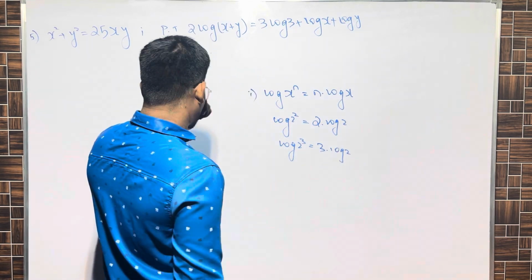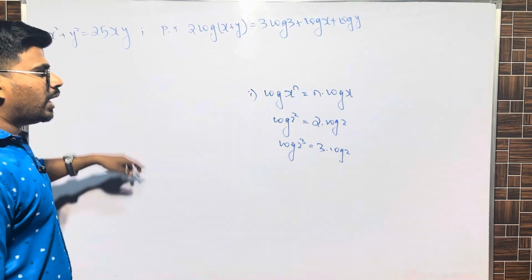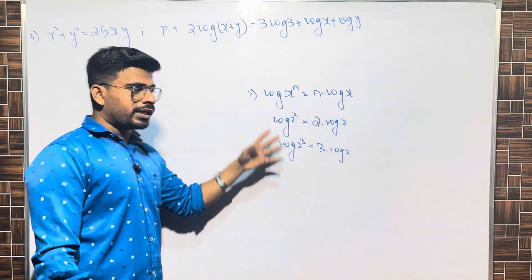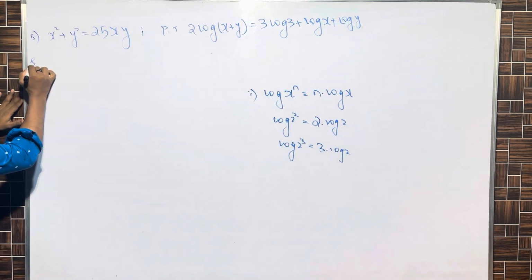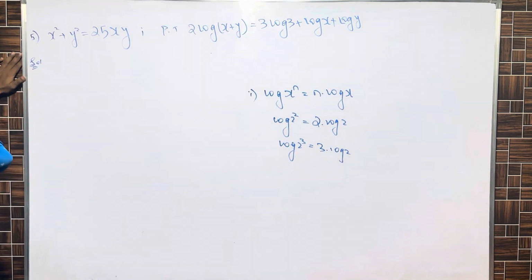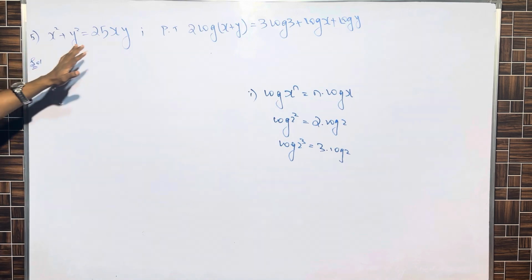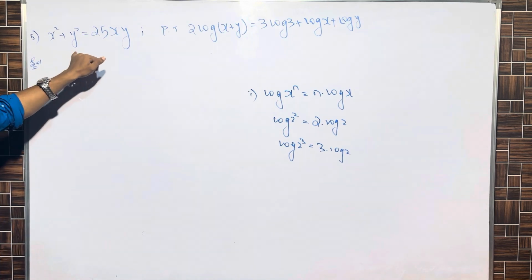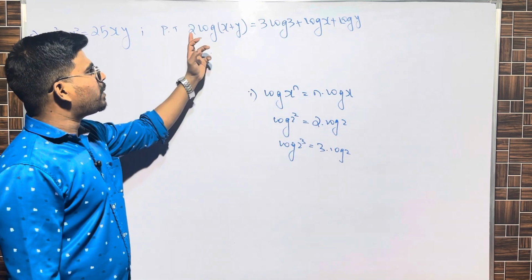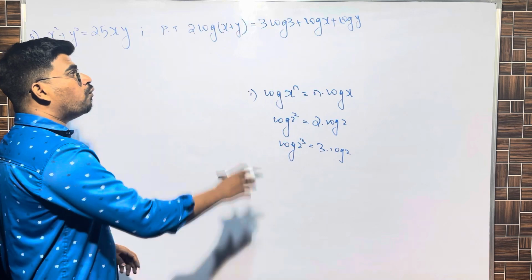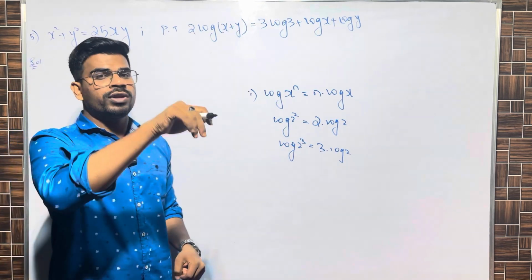This is the first log formula which you have to remember, and later if I find anything important, I'll explain it beside. So let us start. Given x square plus y square is equal to 25xy. Keeping this formula in mind, 2 log x plus y, what could have been the step before this?